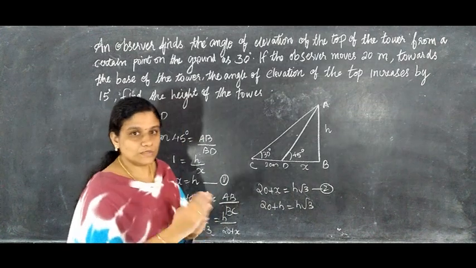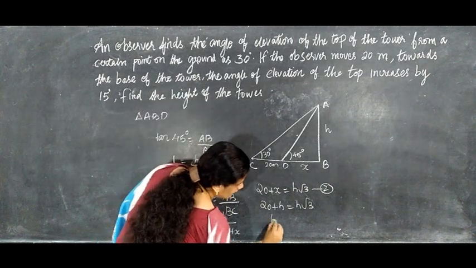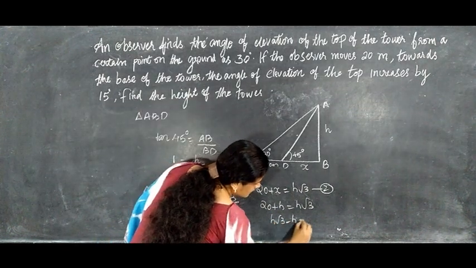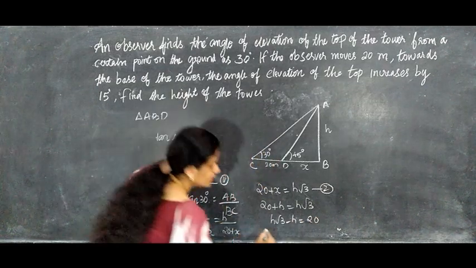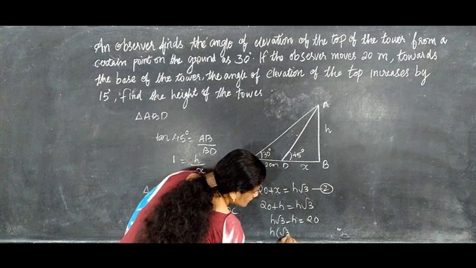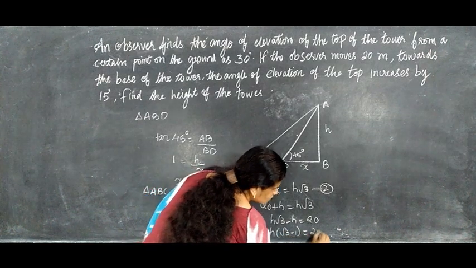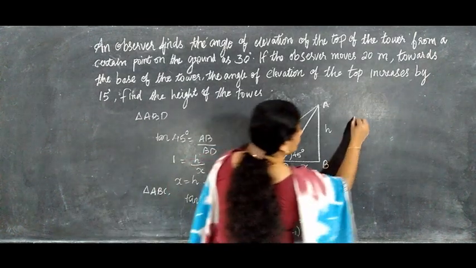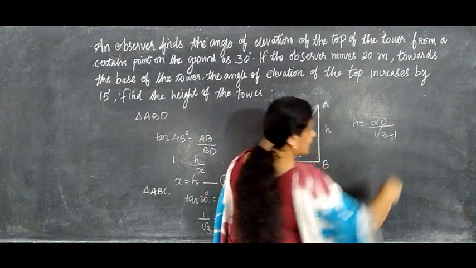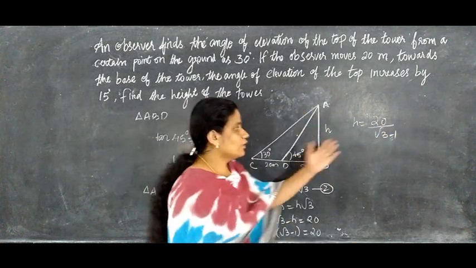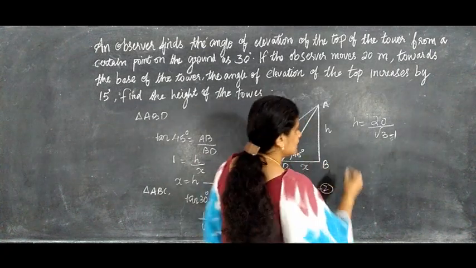Taking H to the other side, what you will have? H root 3 minus H is equal to 20. Now H is common here. So H into root 3 minus 1 is equal to 20, where H is equal to 20 by root 3 minus 1. Now we are going to rationalize this, is it? So what you have?